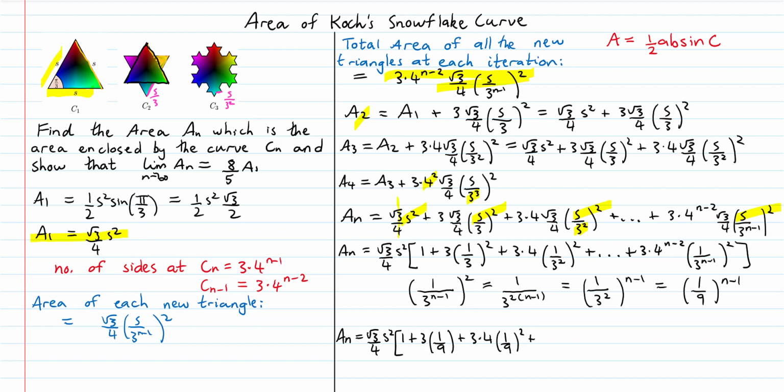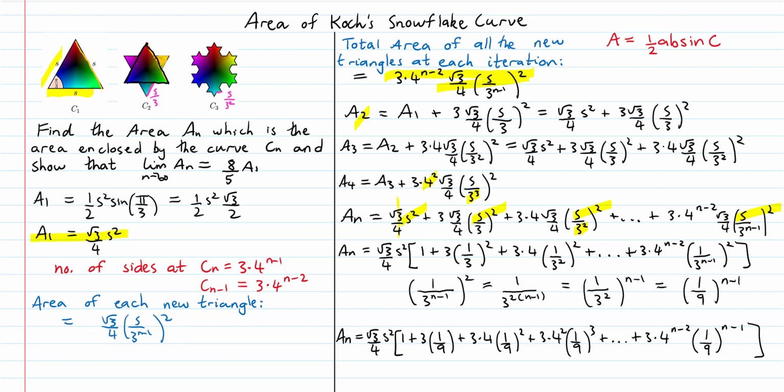Then we're going to have plus 3 times 4 squared times 1 over 9 cubed. So each successive term, the power of 4 is going to increase by 1, and the power of 1 over 9 is going to increase by 1. So that's going to continue on up to plus 3 times 4 to the power of n minus 2 times 1 over 9 all raised to the power of n minus 1.